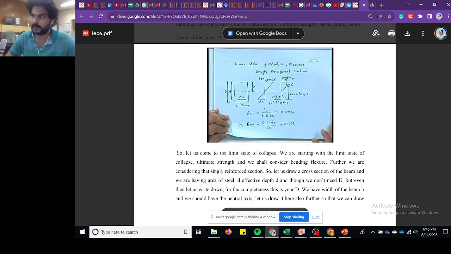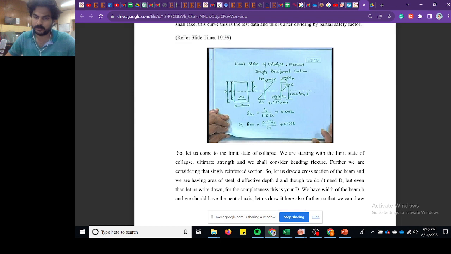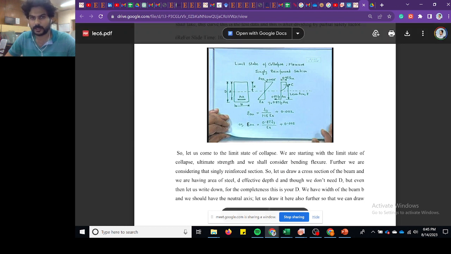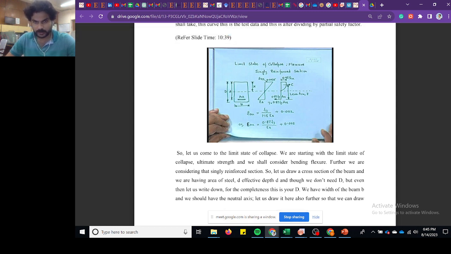I will explain this nicely in the next class. Right now we will not discuss this. It's the same thing we discussed in the working stress method. Here also they have equated the two triangles and their areas, and then calculated the equations for strains and stresses.